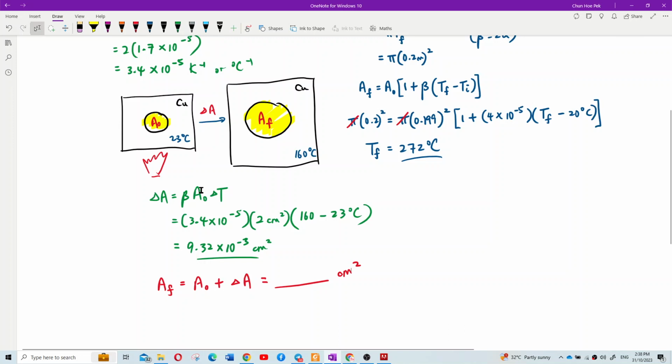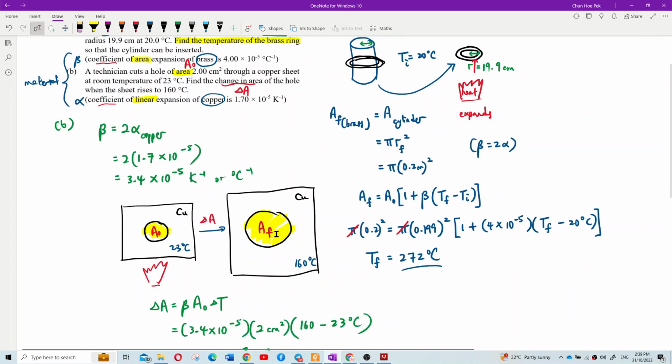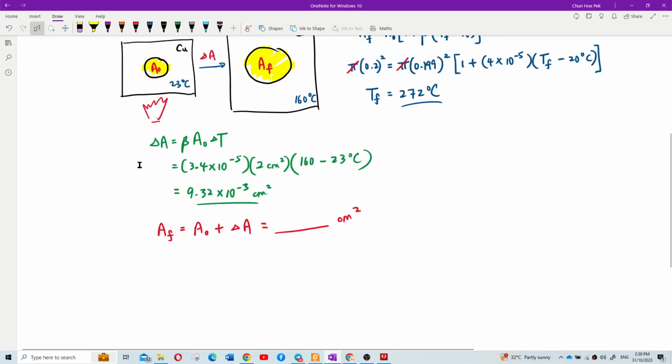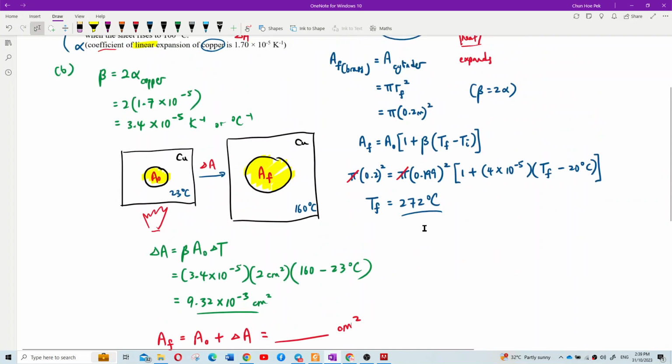Just take the initial area 2 cm square plus the expansion 9.32 exponent -3. Then you can find the final area, if the question asks you to find the final area. But this question asks you to find the change in area, not the final area. So it's delta A, not final area. Okay, class? Understand?